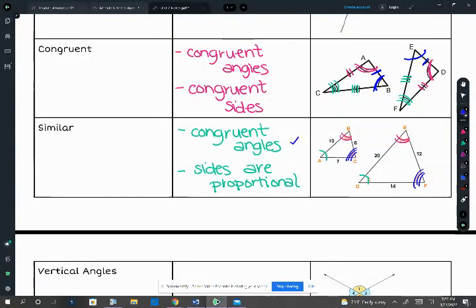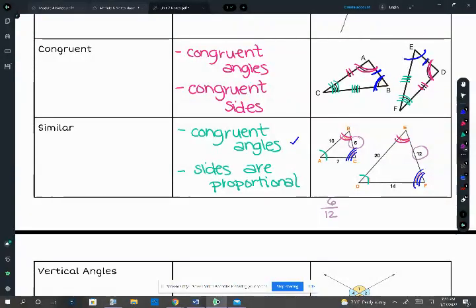When we're looking at proportional sides, in this case, we're going to say the smallest, or the between the two markings, the pink and the blue as I've marked them. So this side of 6 and 12, 6 over 12 should equal the same ratio as the other two sides.